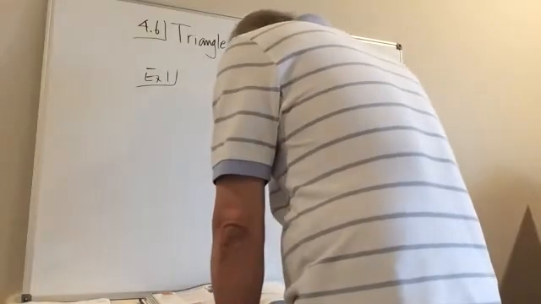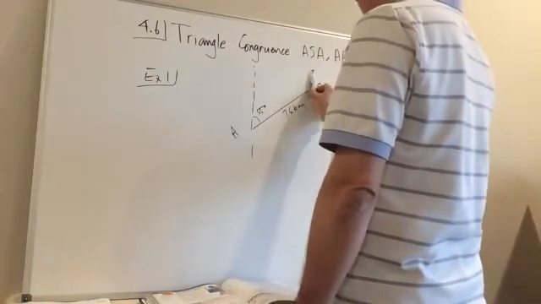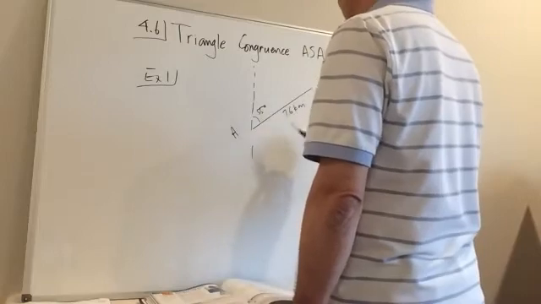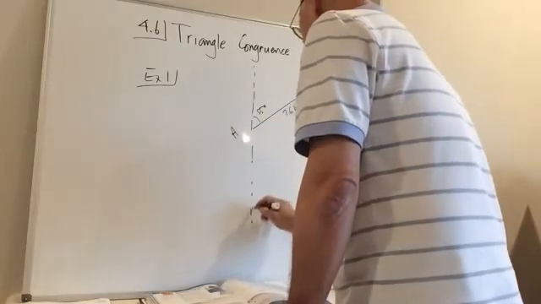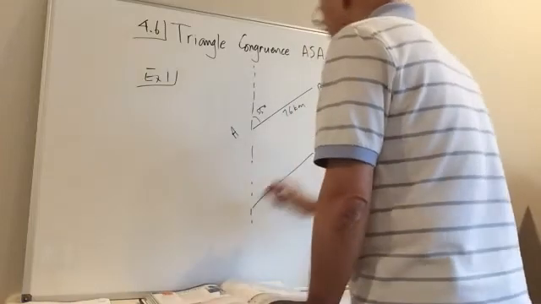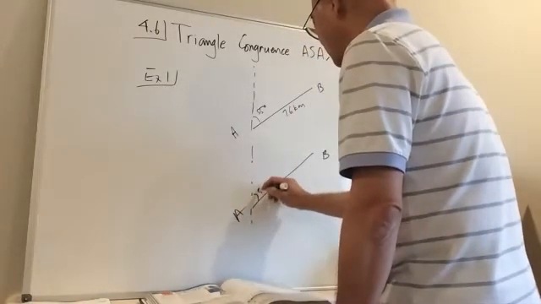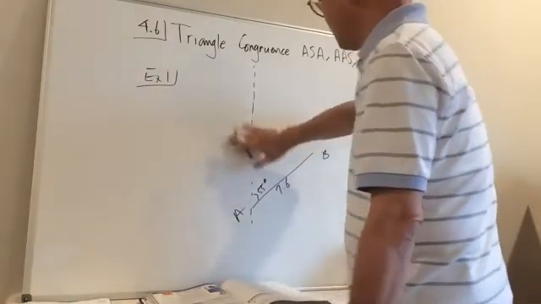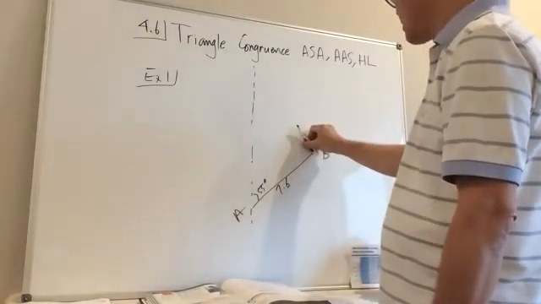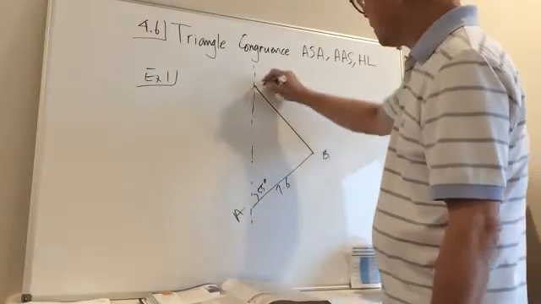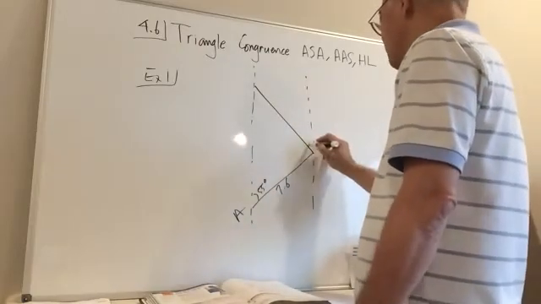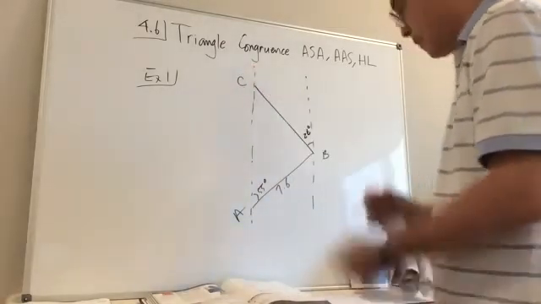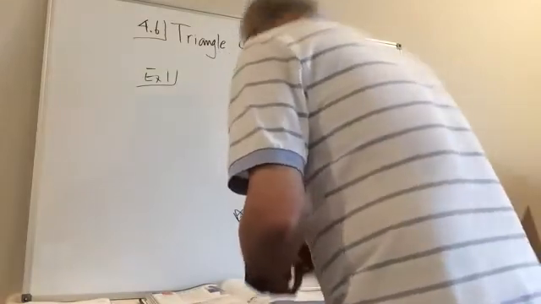Then I have B to C. B to C is north, then we go to the west at 26 degrees. I'm going to go from here, northwest 26 degrees. This angle is 26 degrees, and this is C. I do not know the distance here.